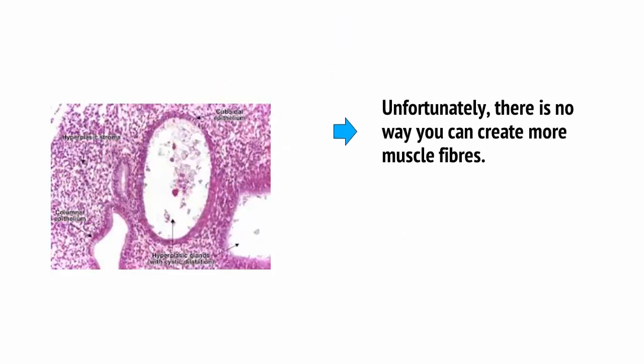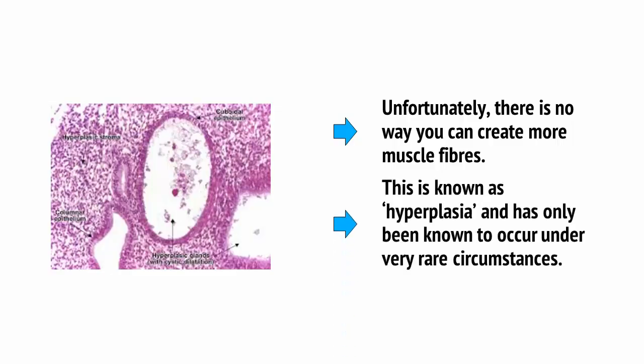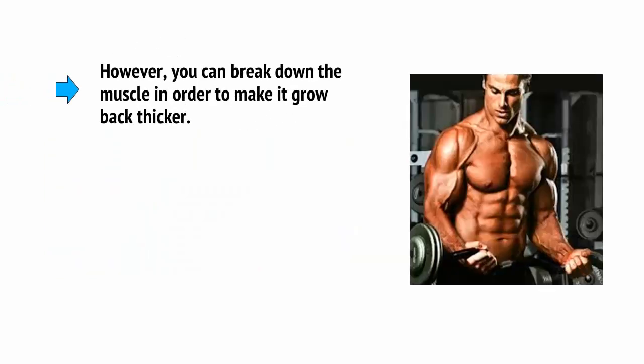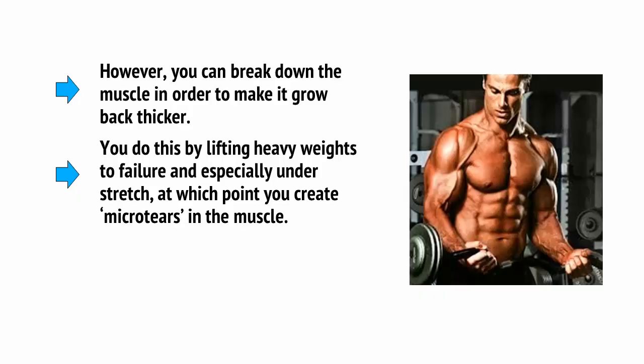Unfortunately, there is no way you can create more muscle fibers. This is known as hyperplasia and has only been known to occur under very rare circumstances. However, what you can do is to break down the muscle in order to make it grow back thicker. You do this by lifting heavy weights to failure and especially under stretch, at which point you create micro tears in the muscle.